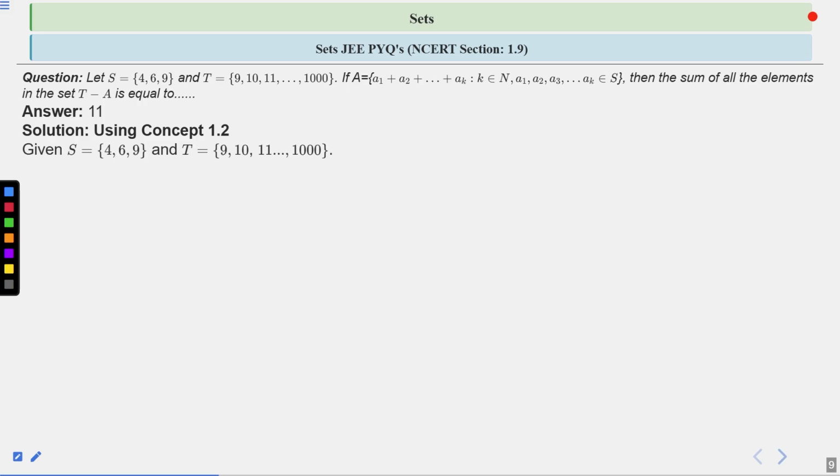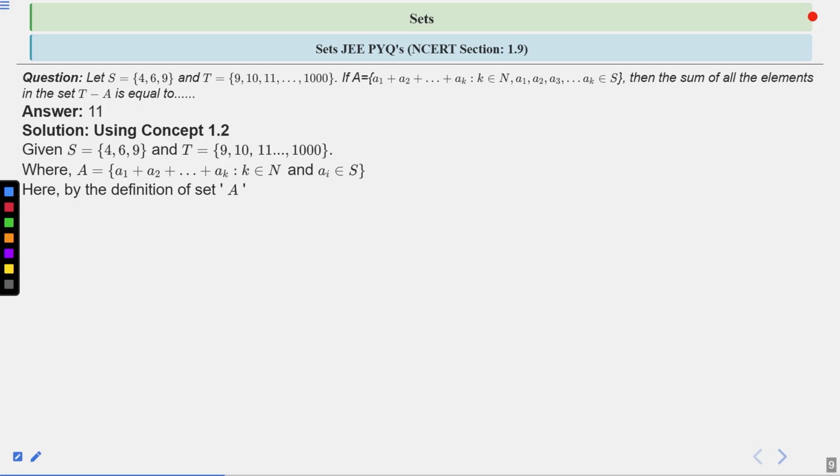So starting with what we are given: S set and T set, and this set A is nothing but the elements coming from just adding the elements from the set S. Clear?